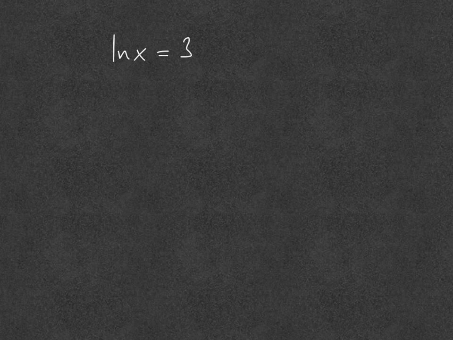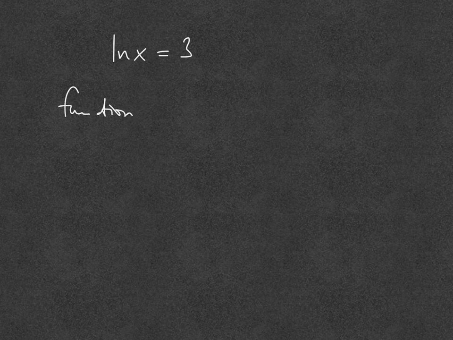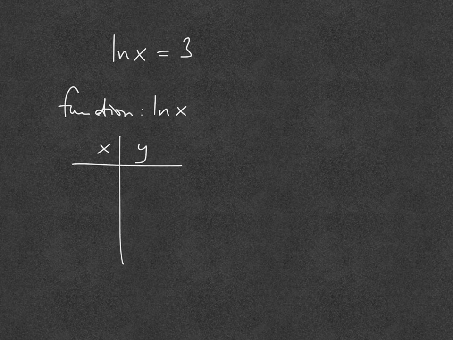This also works for our second example, which is the equation ln x equals 3. So the function is a logarithmic function, the natural logarithm of x, and we could write a value table for that.